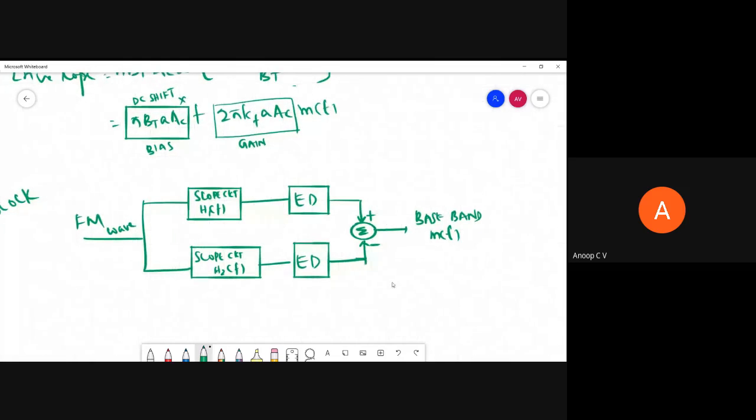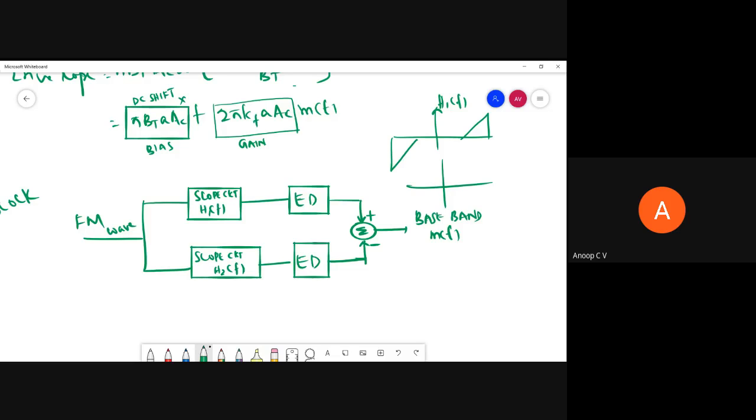If you remember, H1 of f was like this. This is H1 of f, and H2 of f.